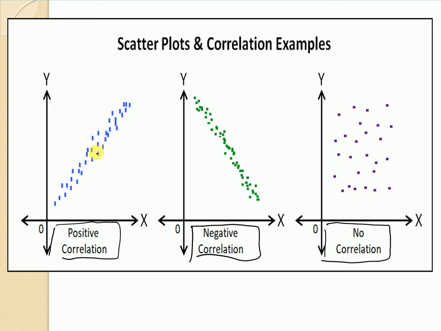In this graph, we see that as the independent variable increases, so does the dependent variable. And we draw a straight line through the data set. This straight line would have a positive gradient, or it would be an upward sloping line. And an upward sloping line is an indication of positive correlation.